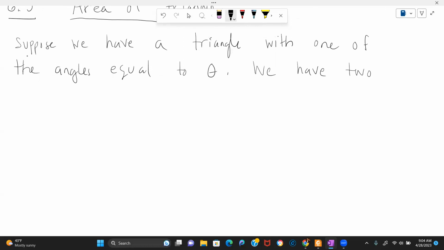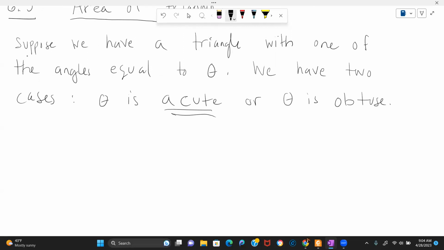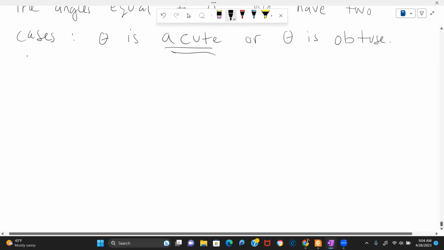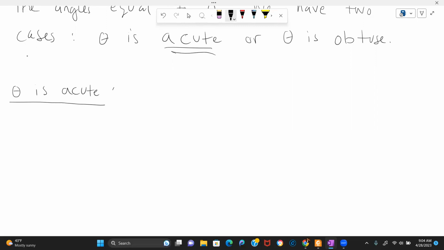The first one is that theta is an acute angle, or theta is obtuse. So let's deal with theta acute first and derive the formula for the area of a triangle.